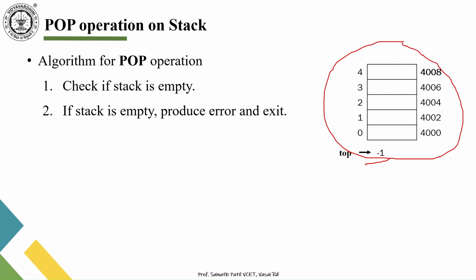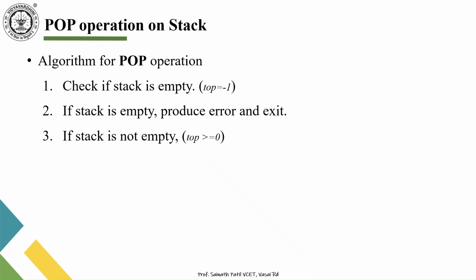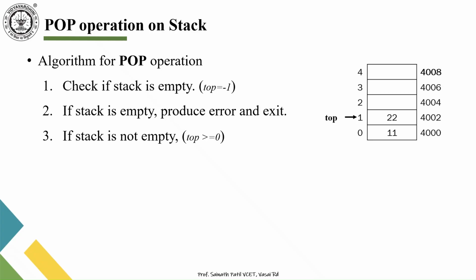So we check if it is empty, we produce an error and we stop execution. Otherwise, that means top is not equal to minus 1, it is greater than or equal to 0. That is, the stack is not empty.